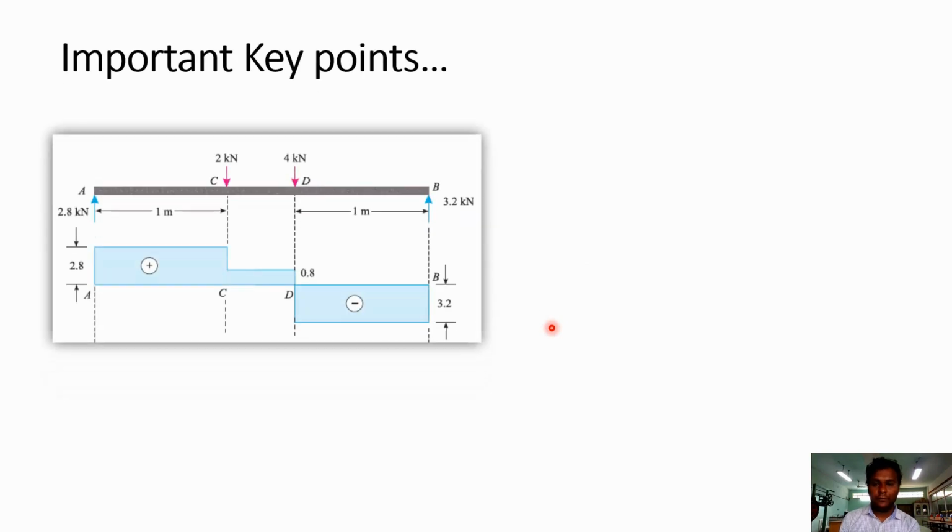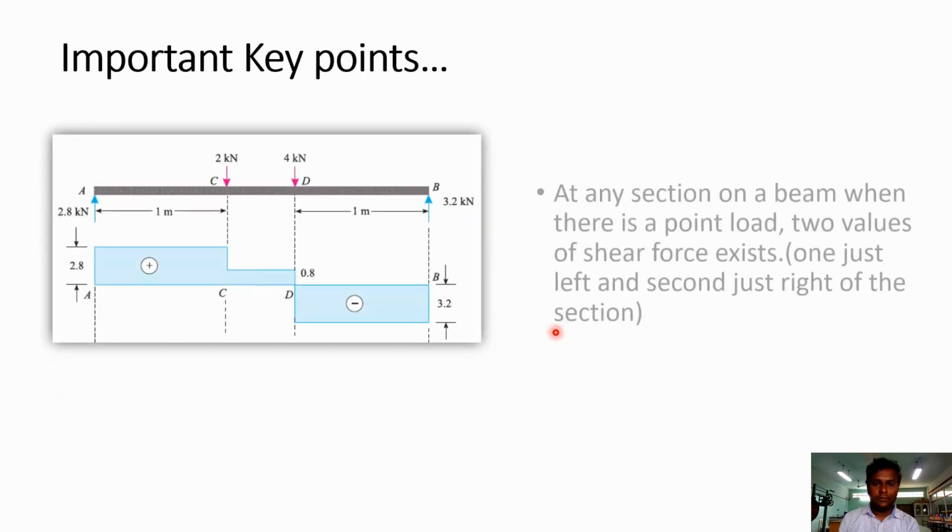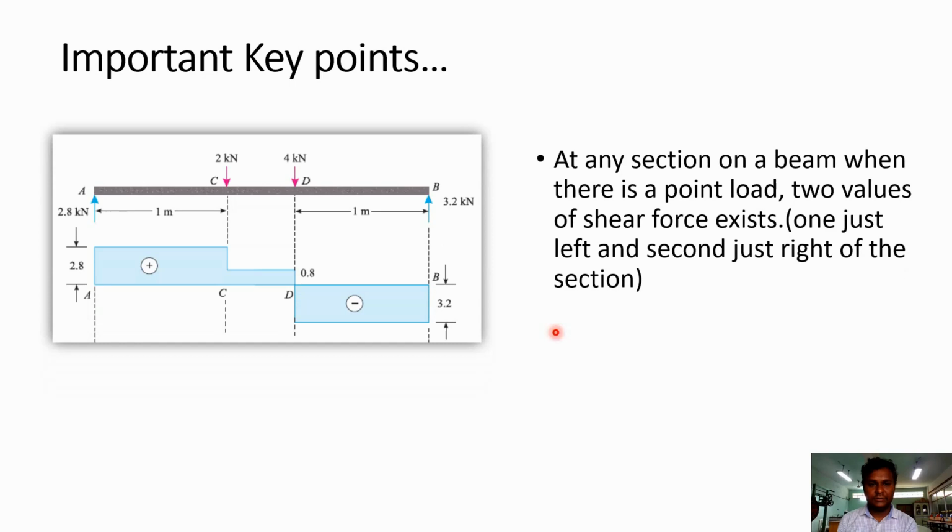Now before going for that discussion, we'll discuss some important key points. If you observe this shear force diagram for a given loading diagram, at any section on a beam where there is a point load, two values of shear force exist. One will be just left of the section and the second will be just right of the section.